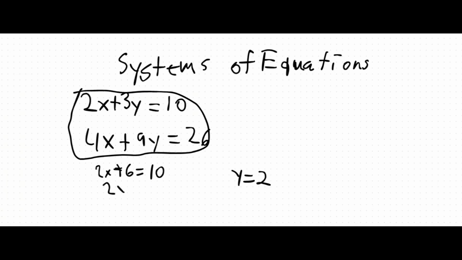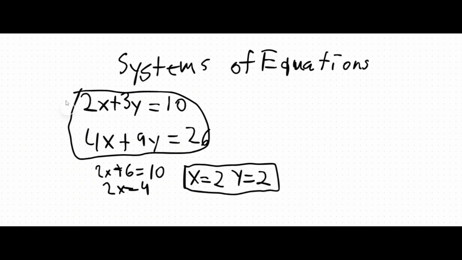And we can make this 2x equals 4, and we get x equals 2. Now, checking our answers, we have 2 times 2, which is 4, 3 times 2 is 6, and 4 plus 6 is indeed 10. 4 times 2 is 8, 9 times 2 is 18, 8 plus 18 is indeed 26. Therefore, x equals 2 and y equals 2 is our answer.